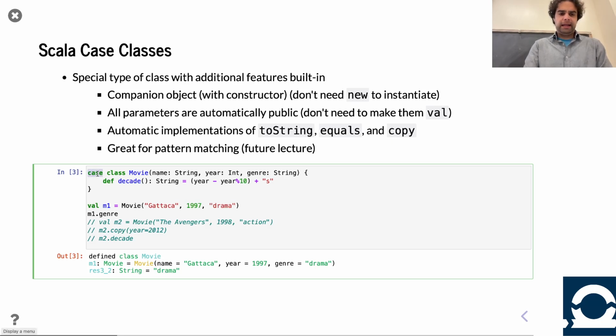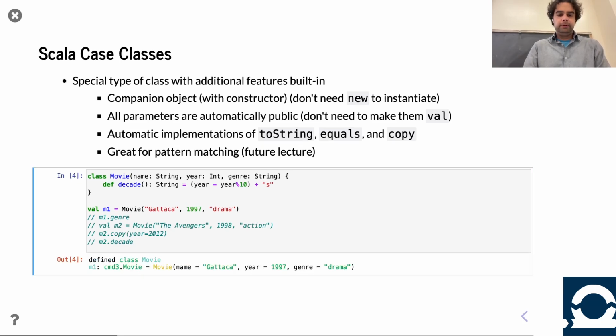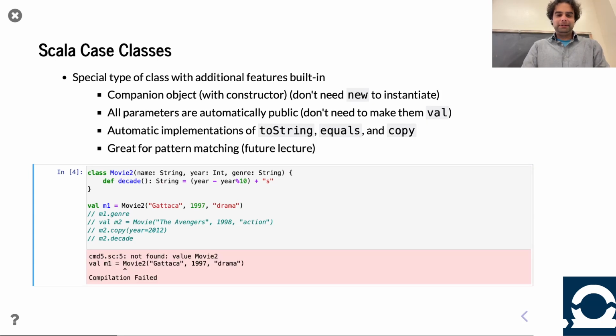I think I might be able to get that to happen if I comment that out. We can comment this out too. Oh, you know what? It's still remembering it as a case class. Why don't I call this movie too? There we go.